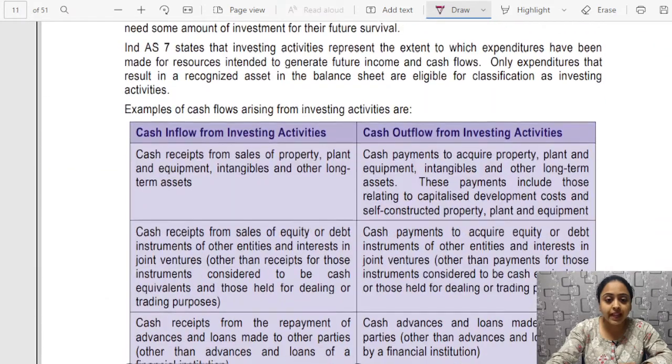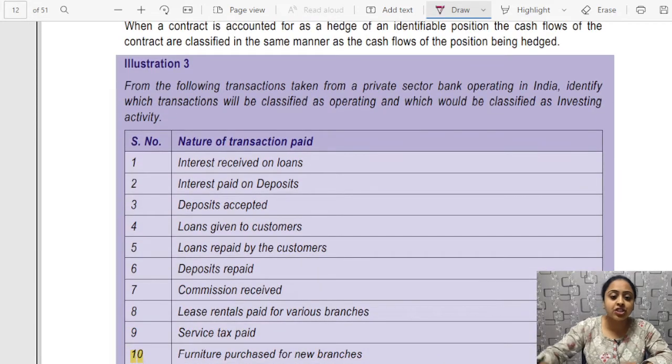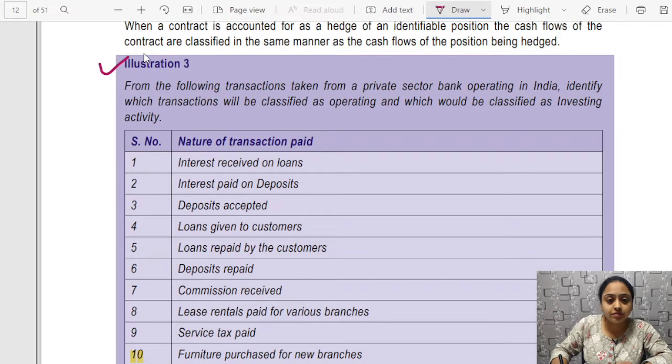Okay, next comes illustration number 3. From the following transactions taken from a private bank. So your core work, operating work is what? Bank. So anything that you deposit or receive, interest, income and expenses will be treated as operating income and expenses.